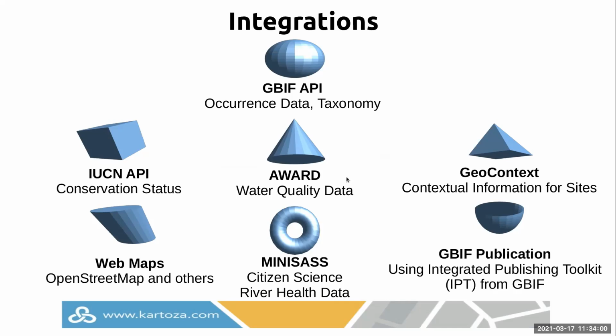So we try to not reinvent the wheel, and work together with other potential partners using these APIs, application program interfaces. We have also included the GBIF publication toolkit, the IPT, in the platform, although we're not currently publishing from either ARPIS or FBIS to GBIF, but the tooling is all there for doing it. There are some intricacies with the workflow of moving data between GBIF and then back to our platform that we still need to deal with in the future before we can really enable that fully.